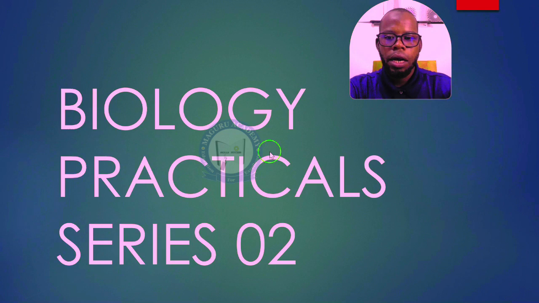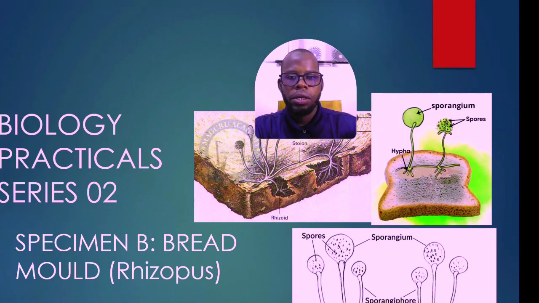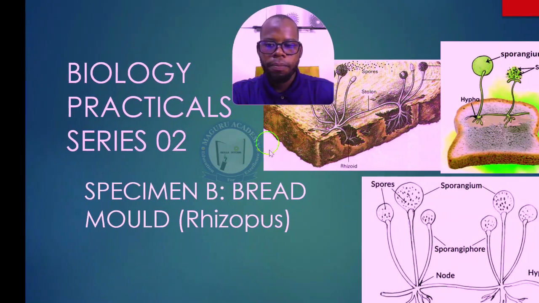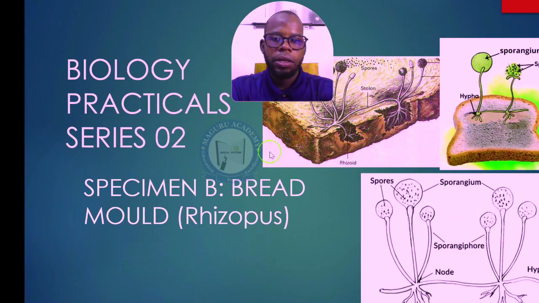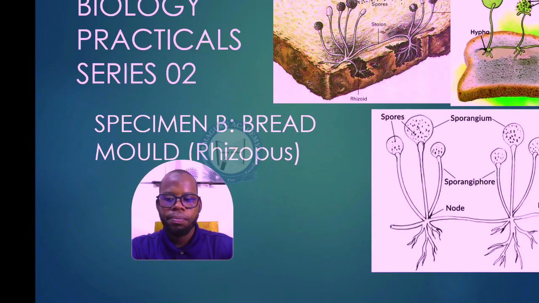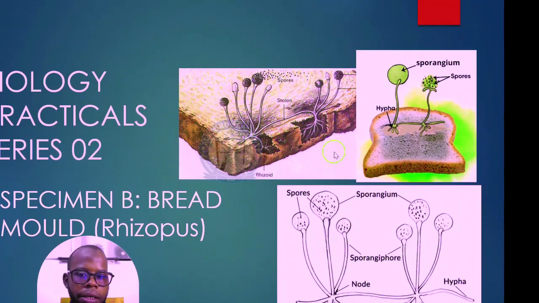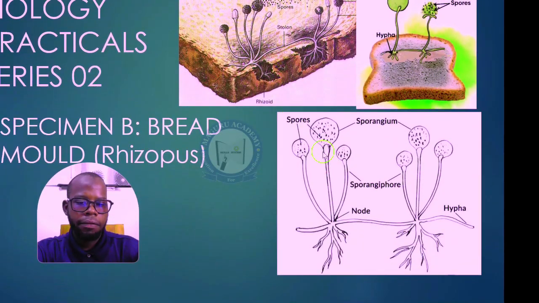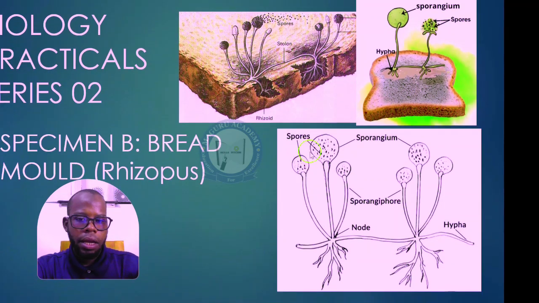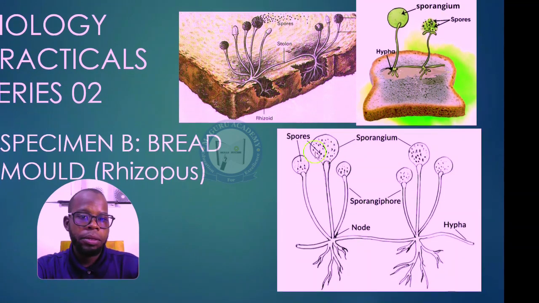Today we proceed with another specimen, another organism, which we call a bread mold, or Rhizopus. You see the diagram of this organism and how it is obtained. We have a bread, and this is after growing. Microscopic organisms can be observed.